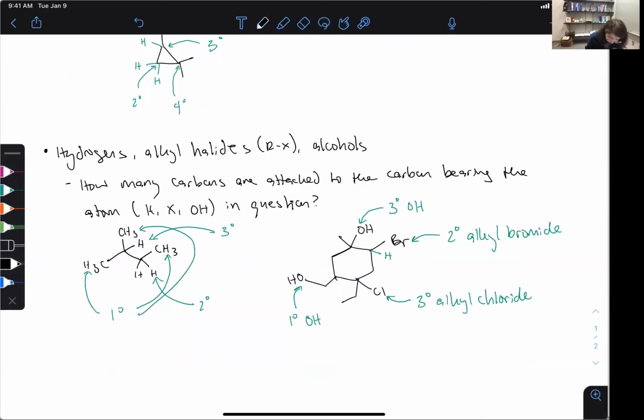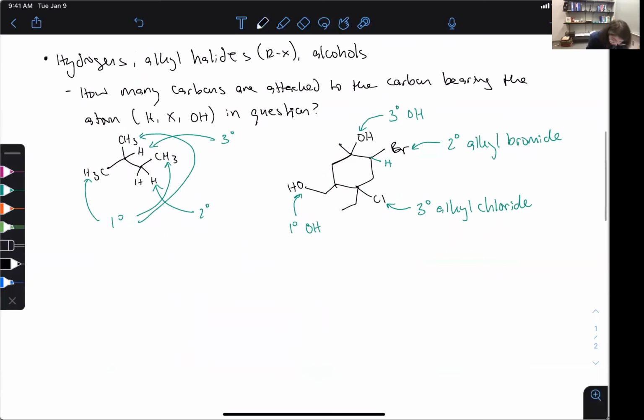The final one that we want to learn about and get comfortable with are amines. Okay, and amines are actually really straightforward. So it's literally just how many carbons are attached to the nitrogen.